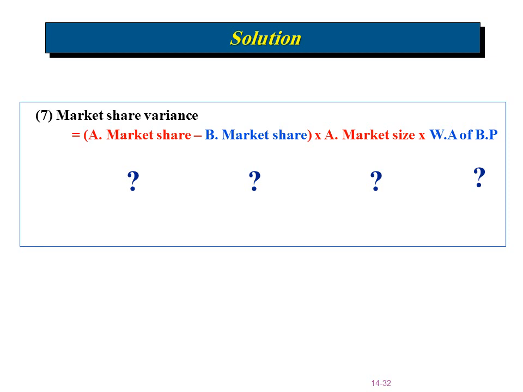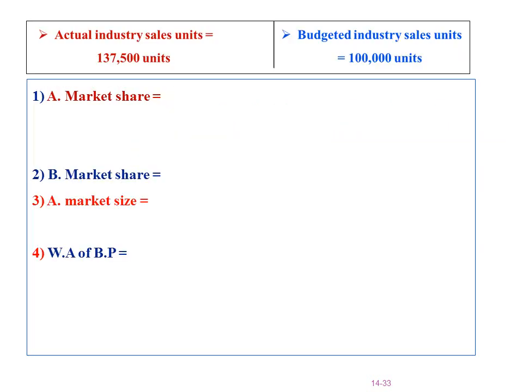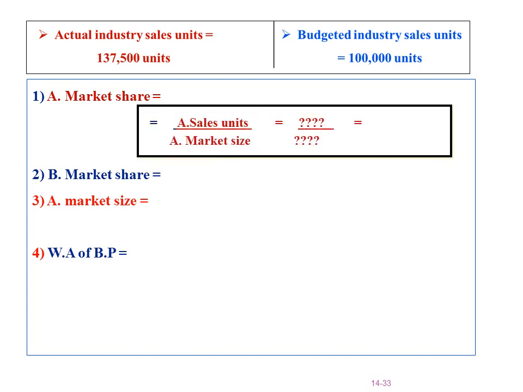Okay, so what is the rest to calculate market share here? I have to calculate actual market share. If you remember how to calculate budget market share, I will use the same equation, but instead of using budgeted amounts, I will use actual amounts. How to calculate actual market share?